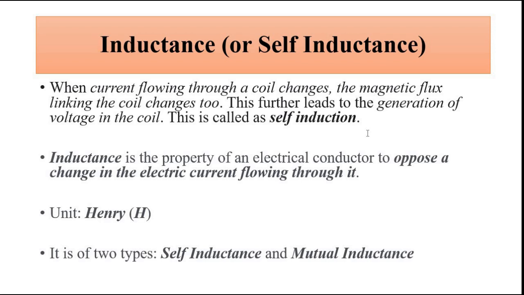So how to bring about a change in magnetic flux? The answer to that is a change in current. A change in current produces a change in flux. A change in flux produces a change in EMF, generation of EMF. This is called the phenomenon of self-induction.